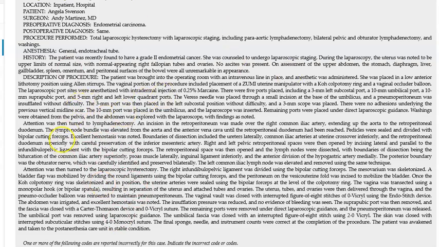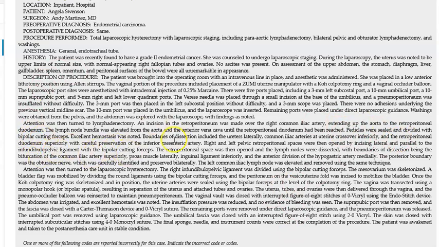The second section, the second paragraph, attention was then turned to the lymphadenectomy. An incision in the retroperitoneum was made over the right common iliac artery, extending up the aorta to the retroperitoneal duodenum. The left node bundle was elevated from the aorta and the inferior vena cava until the retroperitoneal duodenum had been reached. Pedicles were sealed and divided with bipolar cutting forceps.